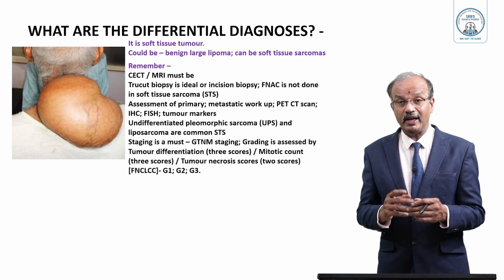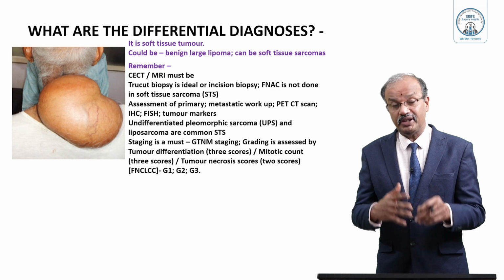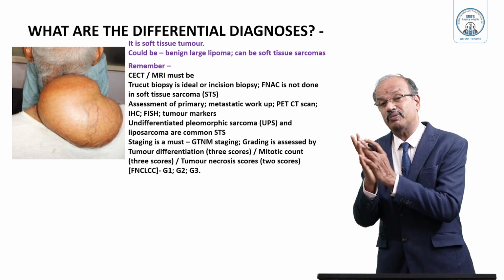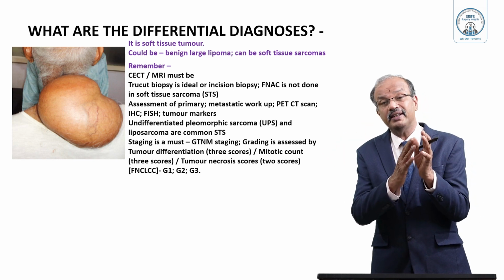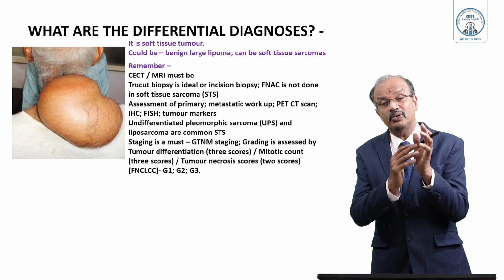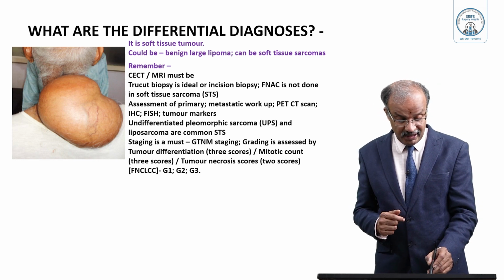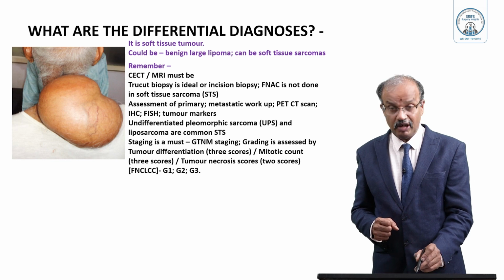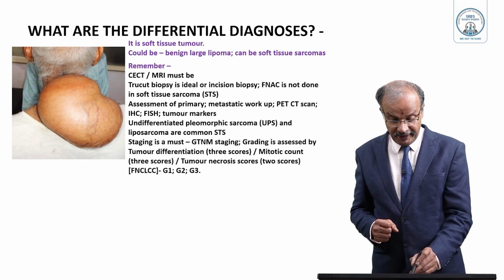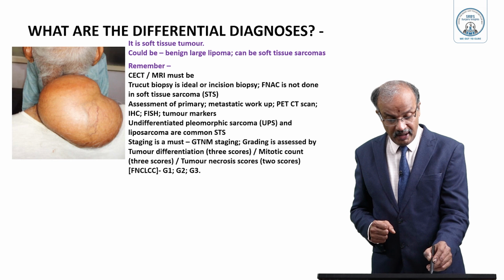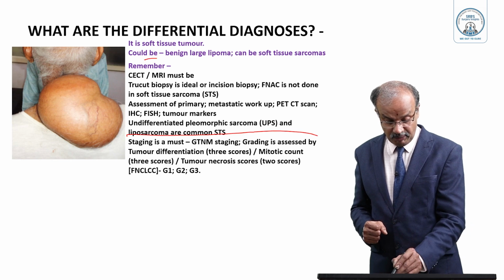Undifferentiated pleomorphic sarcoma and liposarcoma are the commonest types. Now staging is GTNM staging, different from the usual TNM staging: grading, tumor, node and mets. Grading is called FNCLCC, based on tumor differentiation, mitotic count and tumor necrosis. All these things are important, a very commonly asked staging system.